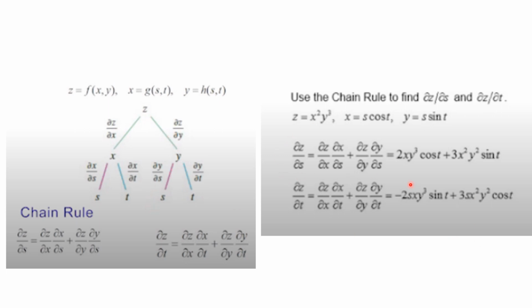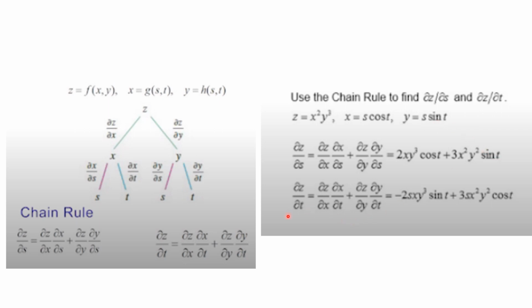So you see he does all of that, and so here we're going to have the partial of z with respect to x is going to be 2xy cubed, and the partial of x with respect to s is cosine of t, plus this other branch is going to be the partial of z with respect to y, which is going to be 3x squared y squared, and the partial of y with respect to s is going to be the sine of t.